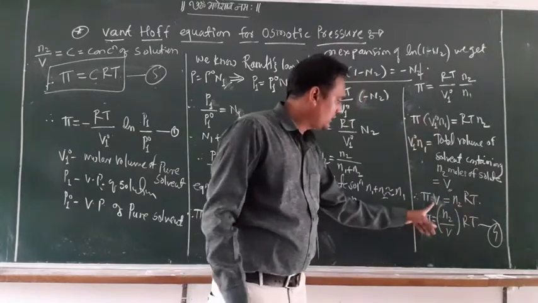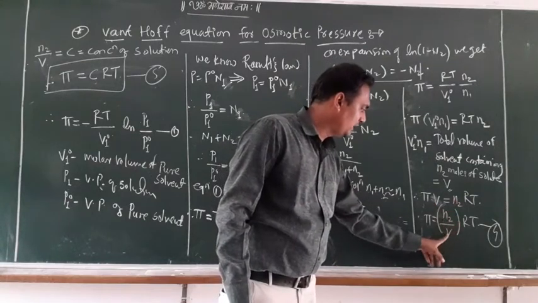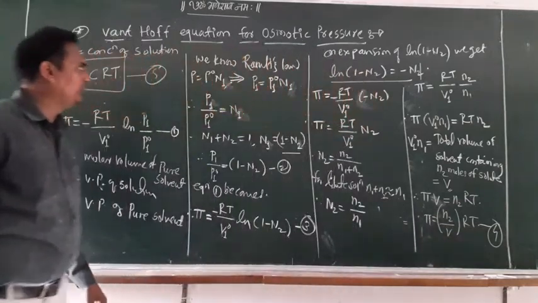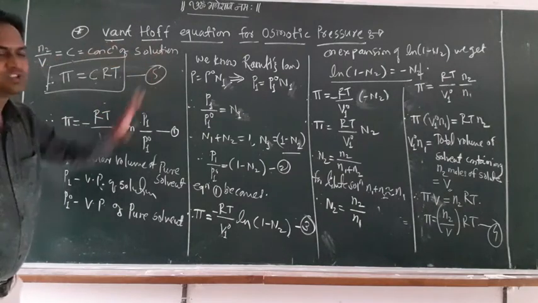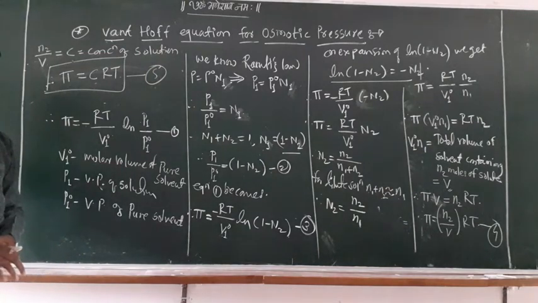Then we transferred the total volume to this side and get n2 upon V in bracket, outside the bracket R into T. n2 upon V is nothing but the concentration of solution, meaning the number of moles per liter. So we get pi is equal to CRT, which is the Van't Hoff equation for dilute solution. So this is about the Van't Hoff equation for dilute solution.